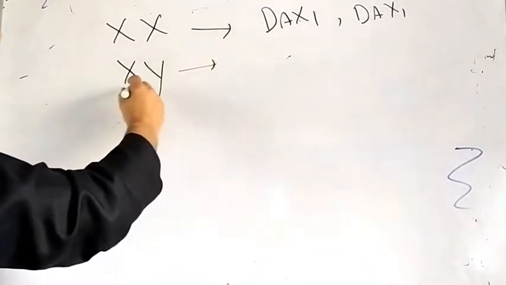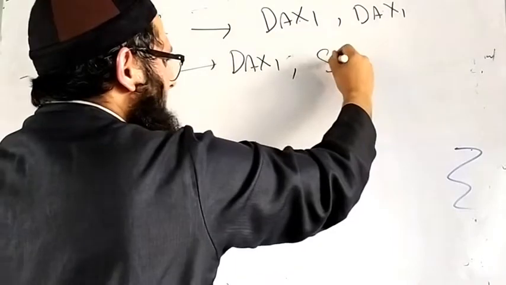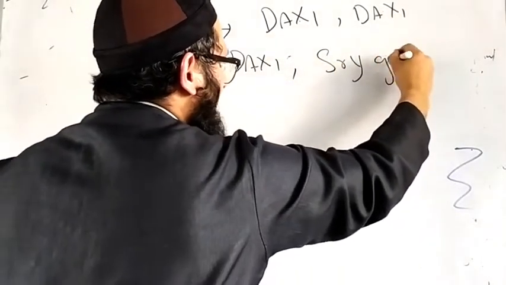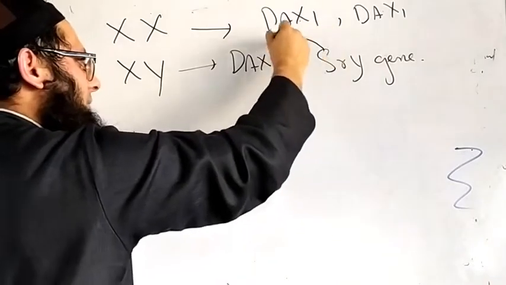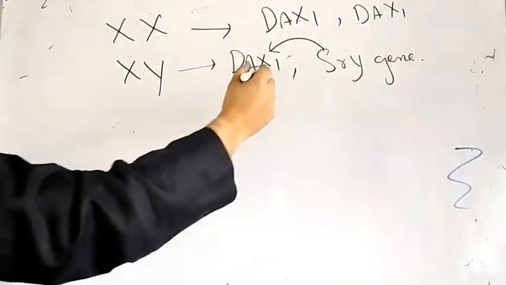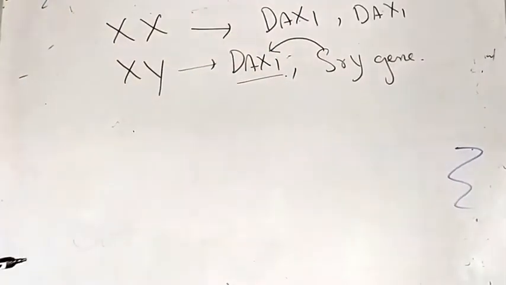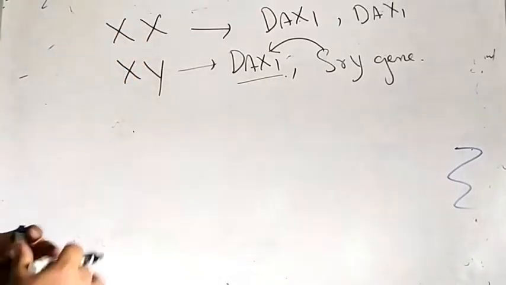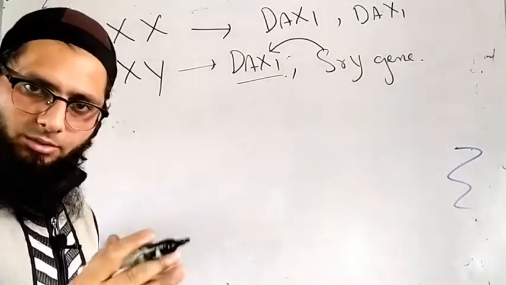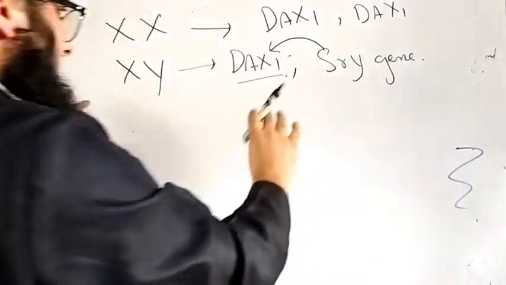However, in case of XY, we have got a DAX1 gene and the SRY gene on the Y chromosome, and this SRY gene is dominant over the DAX1 gene. It suppresses the activity of the DAX1 gene. However, when there are two copies of DAX1, they will show their expression and a female will be formed.